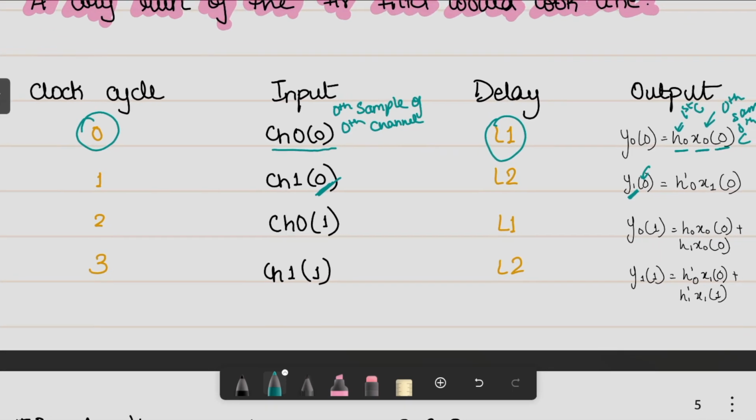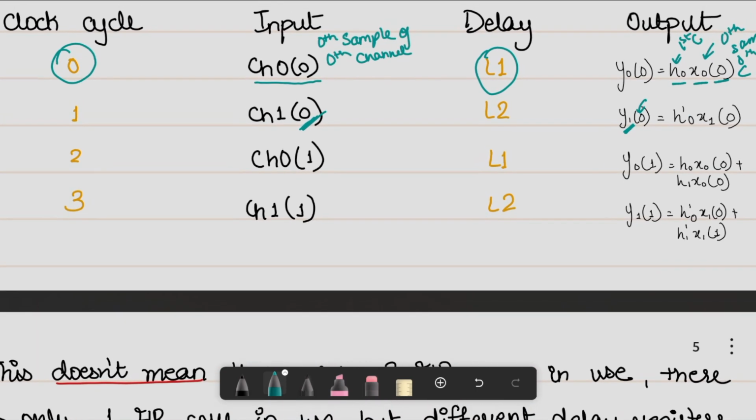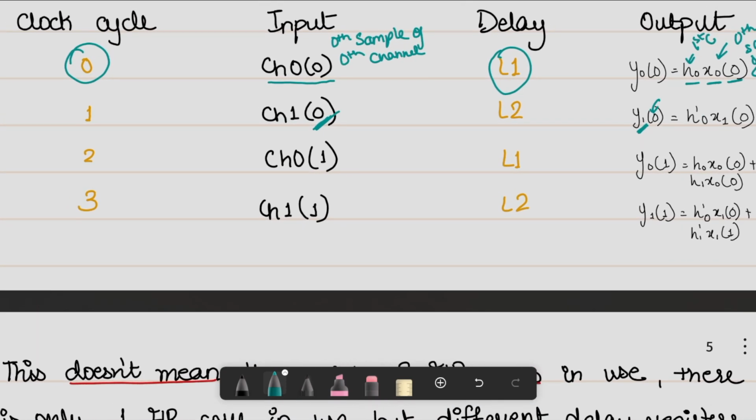Similarly, since the input follows a TDM fashion, we will now go into channel 0's first sample, which will use the delay line L1, and the output would be Y01 with two dot products being added, H0 X00 and H1 X00.